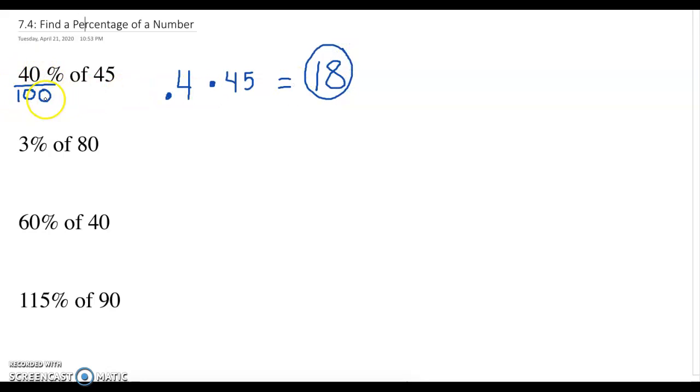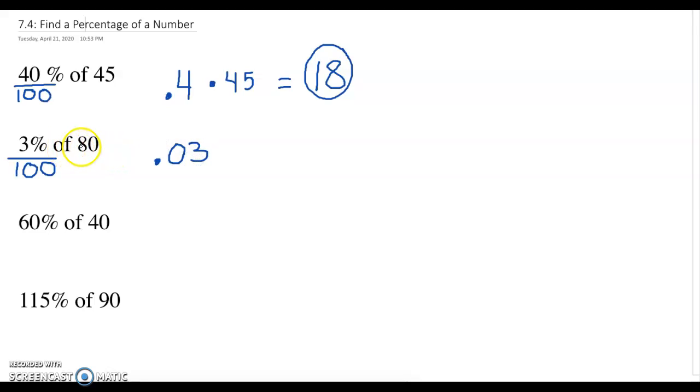Once you get this answer, you can finish the problem by using the rest of what it's saying to you. So the next one, we'll do another one. 3% out of 100, and then we're going to divide 3 divided by 100, which should give us 0.03.